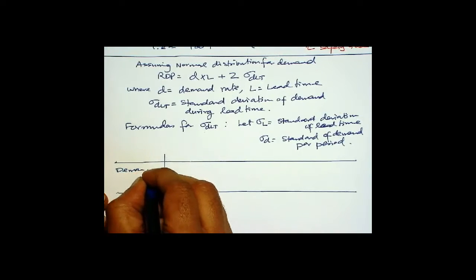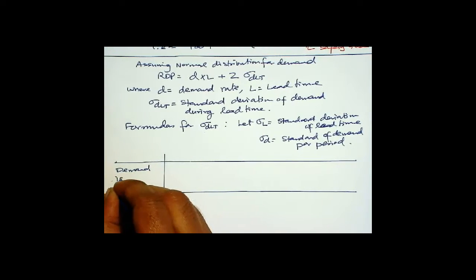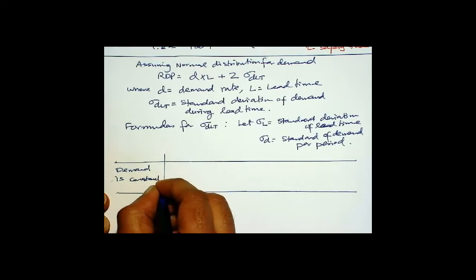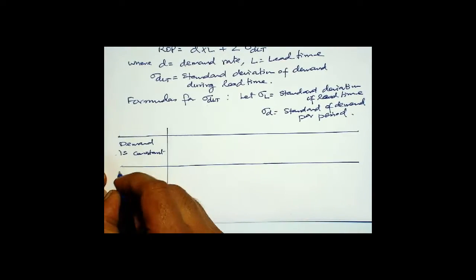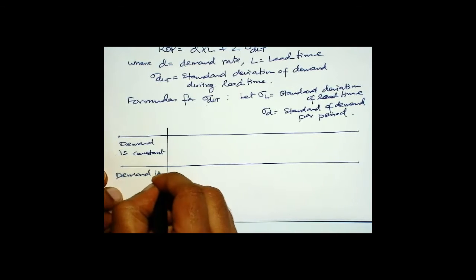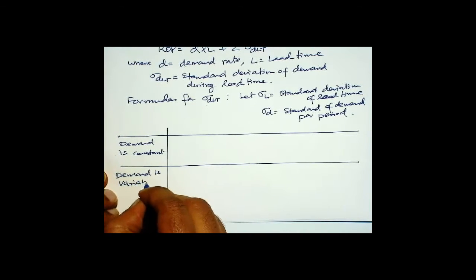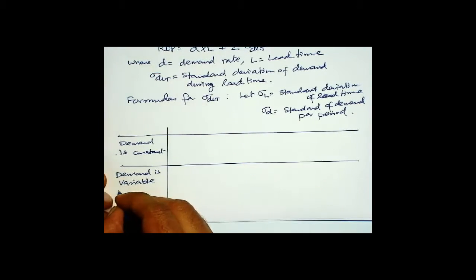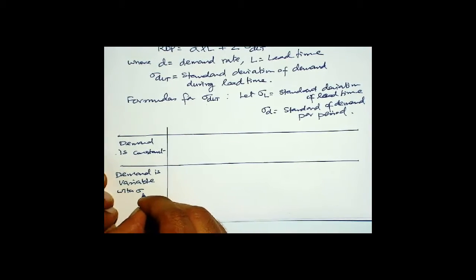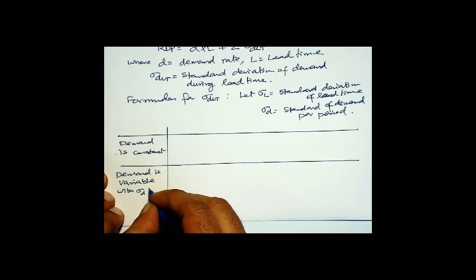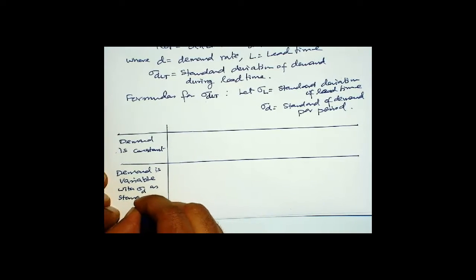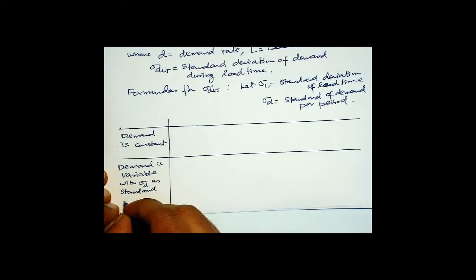Demand is constant, and demand is variable, okay, with sigma sub D as the standard deviation of demand per period.